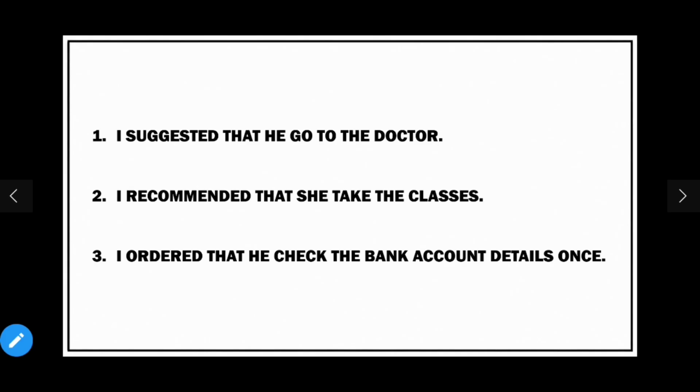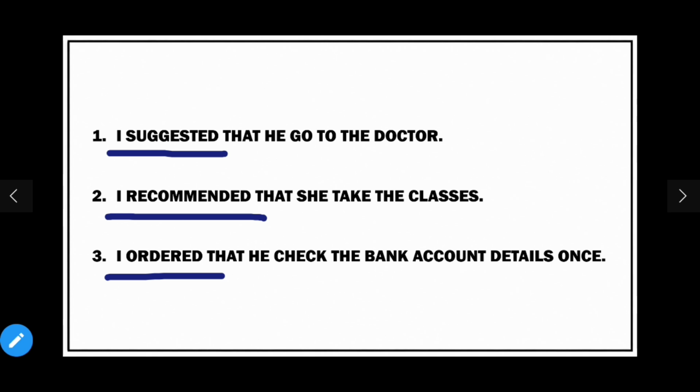So next I have presented three examples one by one, and they are: first, I suggested, next, I recommended, and the third, I ordered. Already we have known so far that some specific words, like advise, suggest, recommend, order, insist, help us to create subjunctive mood in English.